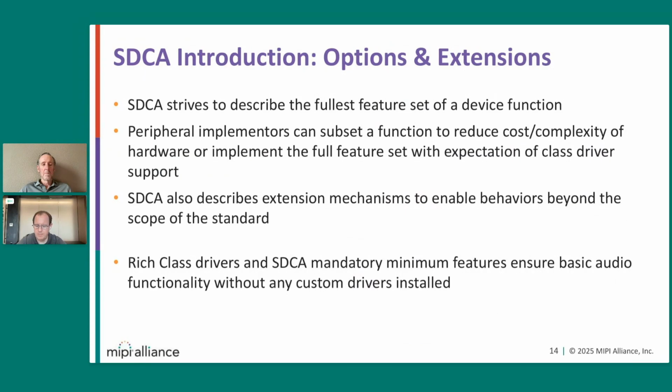So peripheral manufacturers can choose not to implement optional functionality to reduce the cost or complexity of their hardware. The class driver can recognize the capabilities of a particular piece of peripheral hardware and adapt to what it provides. That's in addition to the stuff that we never even thought about that you can add via extensions.